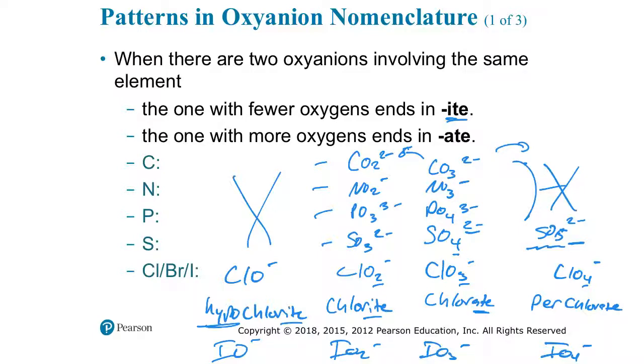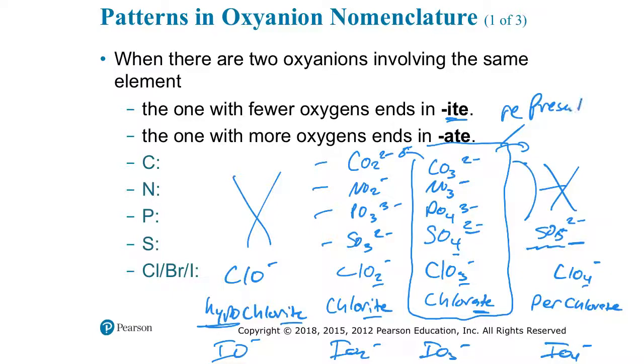Okay, so one thing here, we're not trying to predict why these formulas exist the way they do. One of the things that we might want to appreciate is just that these are the ones that are most commonly found in nature for that particular element. So these are what we often call the representative, or the most commonly found oxyanion for those particular elements. We're not trying to understand why that's the case.